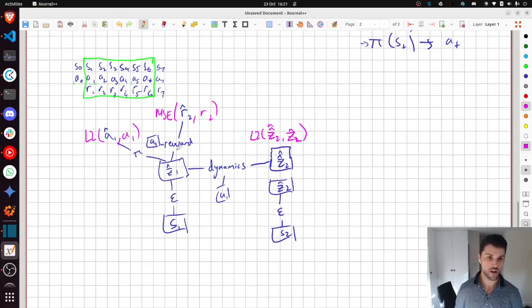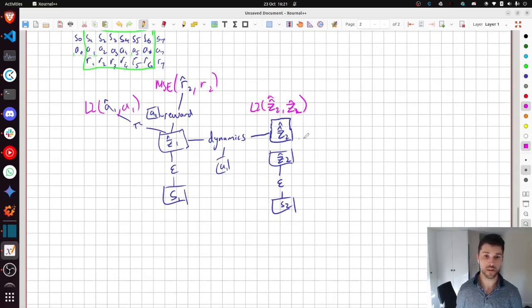And also, I'm not going to draw it again, but from here, we can do just as we've done here. We can use the policy to predict the action, and we can predict the reward with the reward model.